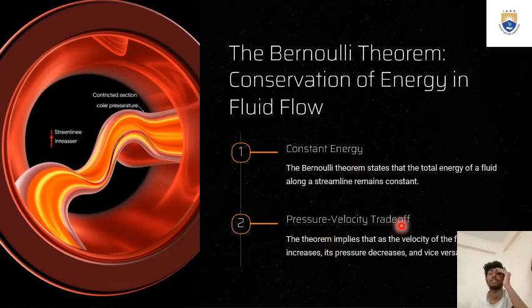On the pressure-velocity trade-off, the theorem implies that as the velocity of a fluid increases, the pressure decreases, and vice versa. We've spoken of this point before: the inverse relation between pressure and velocity, where when one increases, the other decreases. So we've got to know about that relation, and again we've discussed the constant energy and where it's used, in streamline flow.